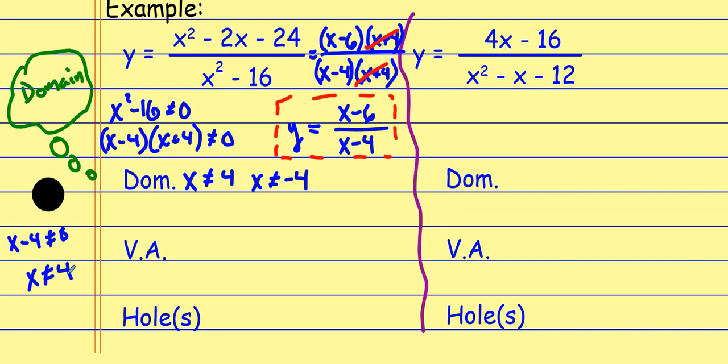So you see that when we started the problem, we had 2 domain restrictions listed. But when you look at the simplified version, there's only 1 domain restriction. In other words, one of the domain restrictions has been removed, and the other domain restriction has not been removed. Okay? And so when you look at it, the x can't equal 4 is still there.